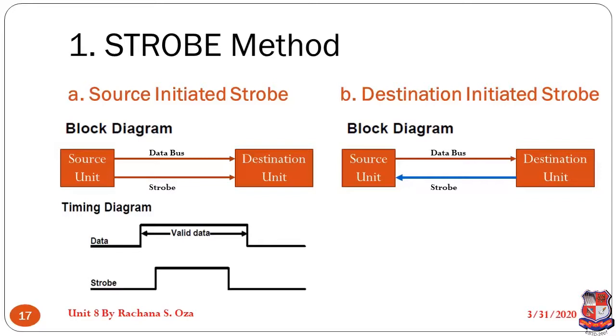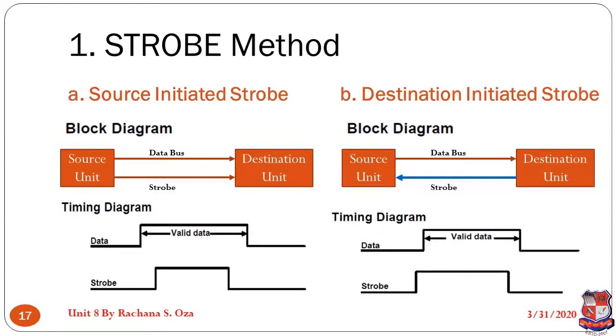It may put the data as well. It depends upon the application. Let us see the timing diagram. Again the usage of the strobe is the same. Data will be placed on the bus. It will be considered valid data only if the strobe remains active at that point of time. As soon as the strobe signal makes a negative transition, the data becomes invalid to be used.